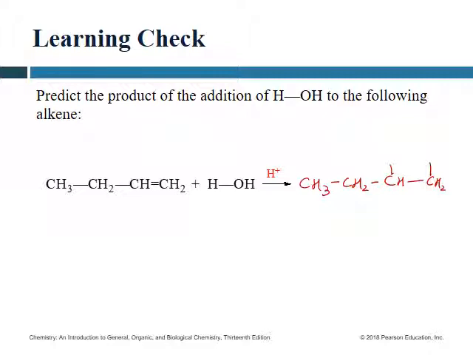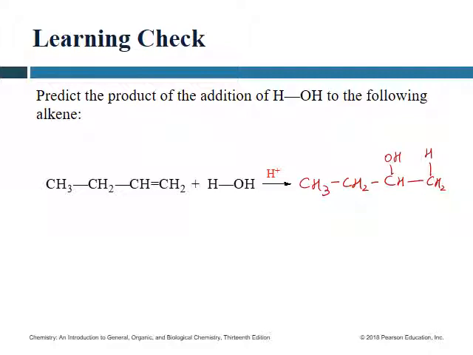So what is the rule? Rich gets richer. Out of these two, who has more hydrogen atoms already? This has two hydrogens already, so rich gets richer, it will get the next hydrogen as well. And the hydroxyl will go to the other carbon. So your final product would be this.